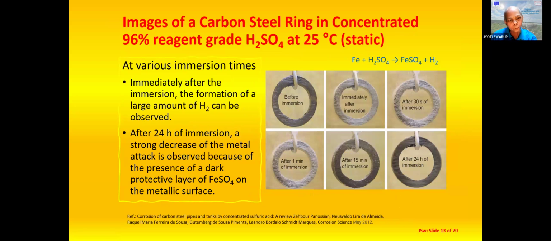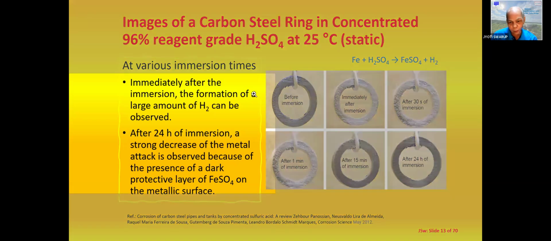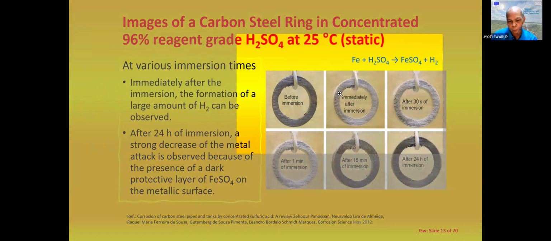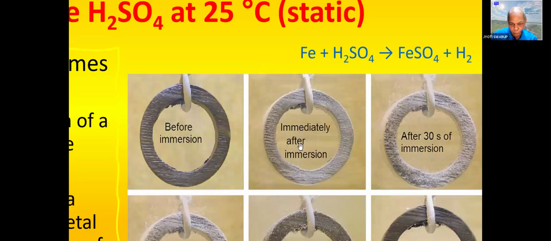Now, images of a carbon steel ring in concentrated 96% grade H2SO4. If you see these photographs here, immediately after the immersion, the formation of a large amount of hydrogen can be observed. This photograph is before immersion, and then immediately after immersion, hydrogen is formed.